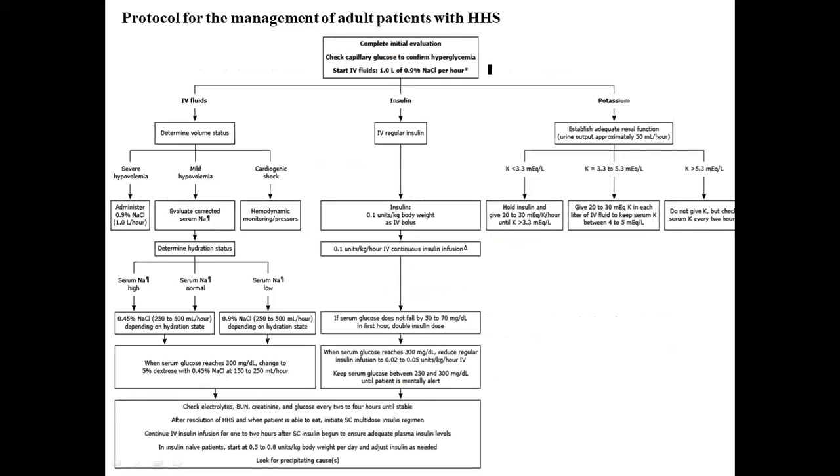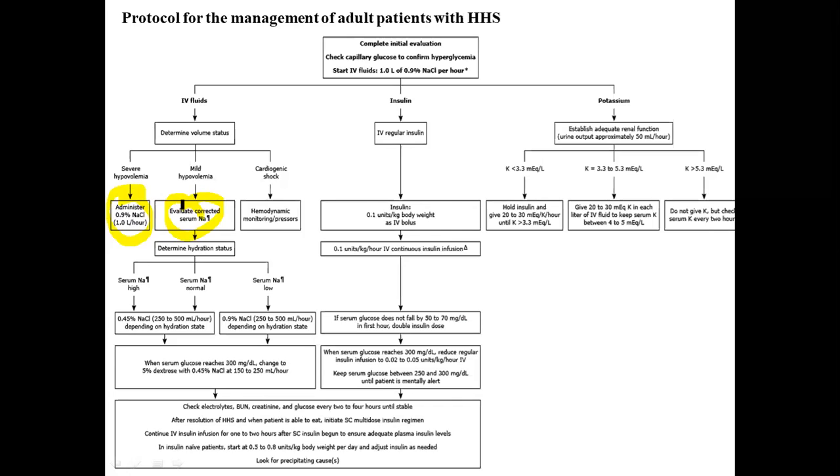So the first thing you can do is confirm the diagnosis, replace the fluid, and assess the fluid status. For severe hypovolemia, give normal saline. For mild hypovolemia, you can evaluate the serum sodium level.